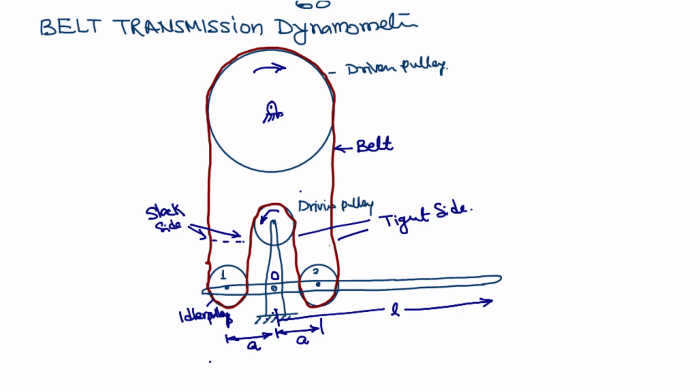On the tight side of the belt the tension will be T1, and on the slack side the tension is T2, and the radius of the idler pulley, this is radius R.